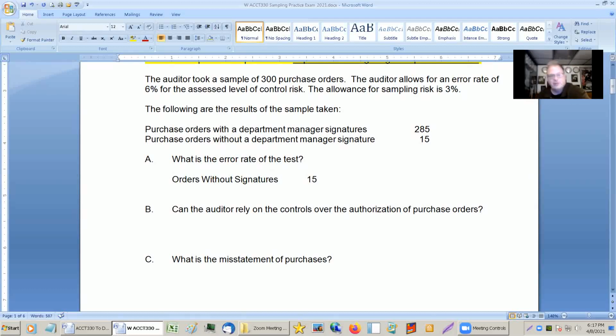You see me craning my neck around this. I'm trying to see past the camera. Okay, so this would be that, and the total orders in the sample was 300.